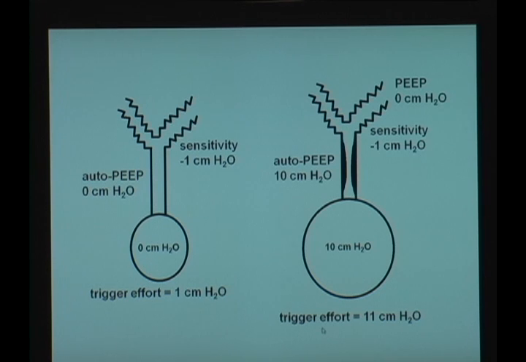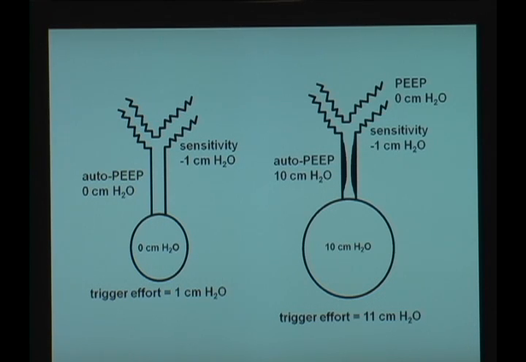The patient now has to generate an effort of 11 centimeters of water, enough effort to overcome the auto-PEEP, because until the patient breathes in at least -10 centimeters of water, there will be no change in pressure at the proximal airway. So in this patient, let's say the patient generates an effort of 5 centimeters of water. What will the ventilator do? Nothing. It'll be a mistrigger.